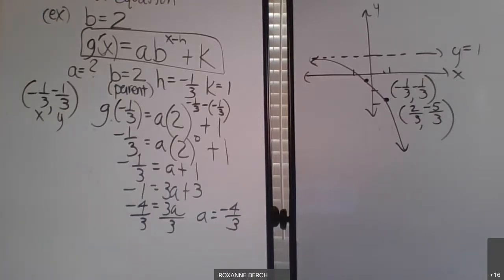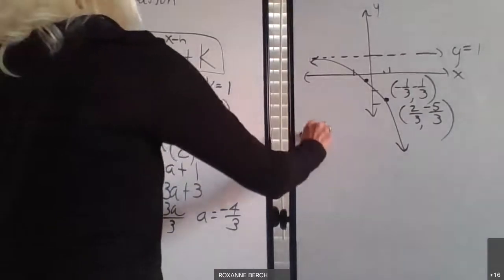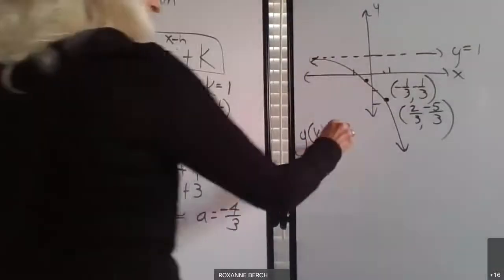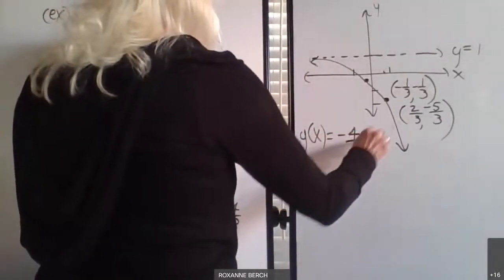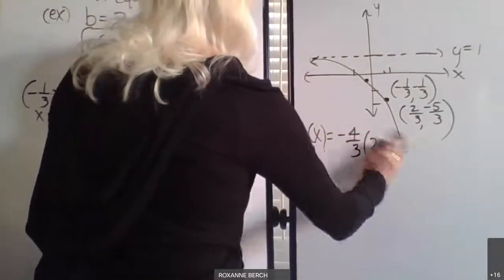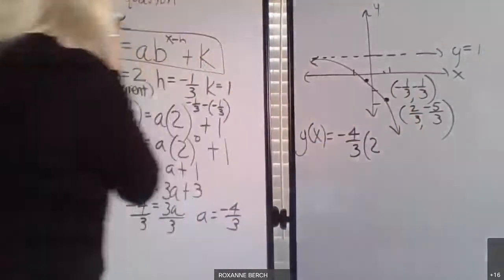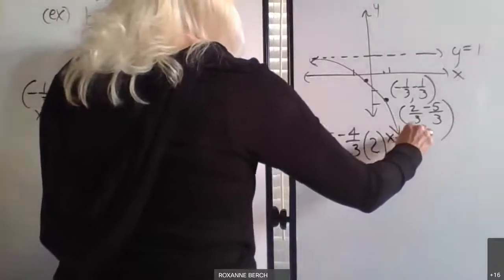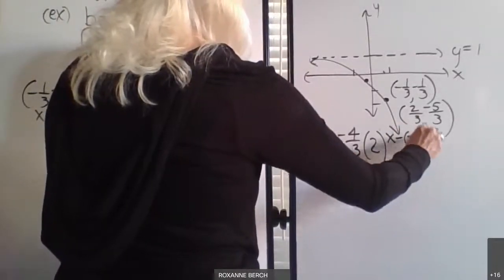All right, so we're done. Our new function, which represents that graph, is -4/3 times the parent to the x minus h, which is -1/3, plus 1.